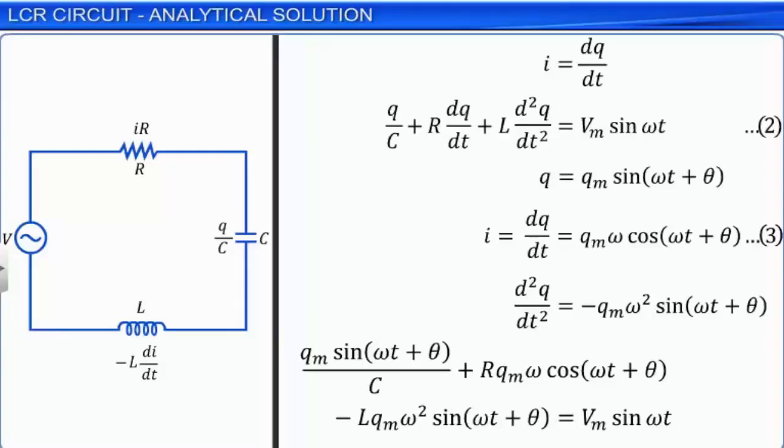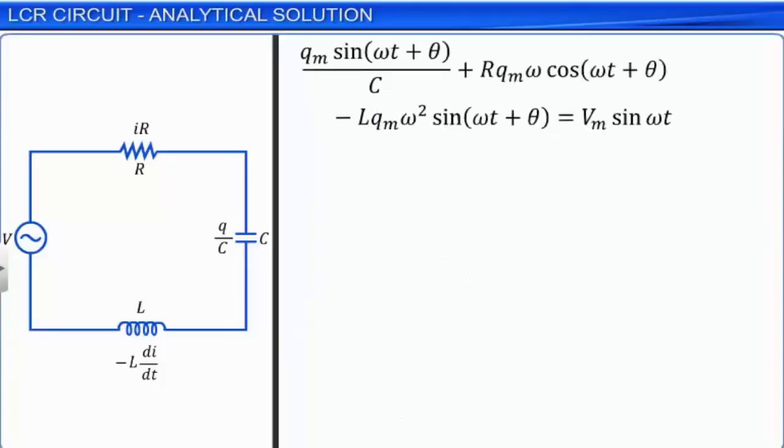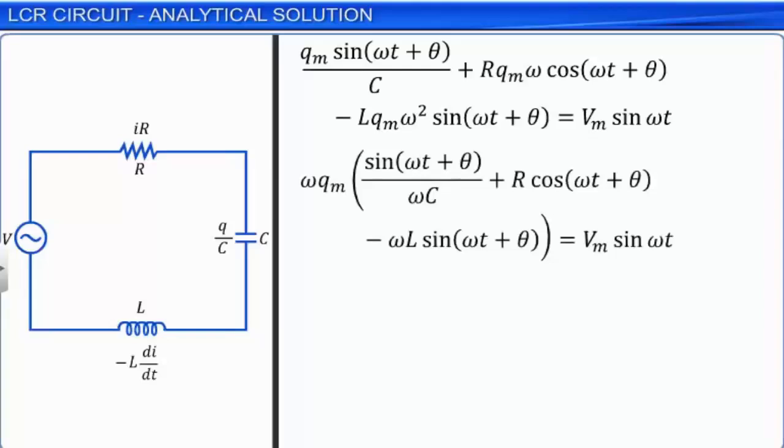Taking omega Qm common in the left-hand side of the equation and rewriting the expression, we get omega Qm into [sin(omega t plus theta) by omega C plus R cos(omega t plus theta) minus omega L sin(omega t plus theta)] is equal to Vm sin omega t.